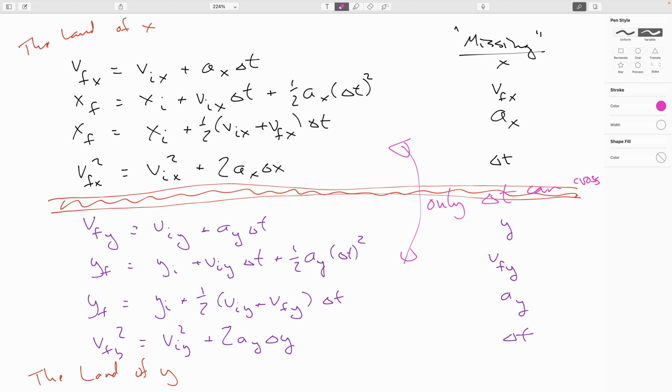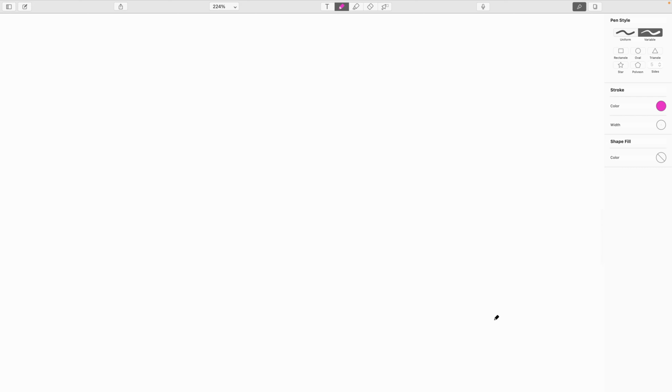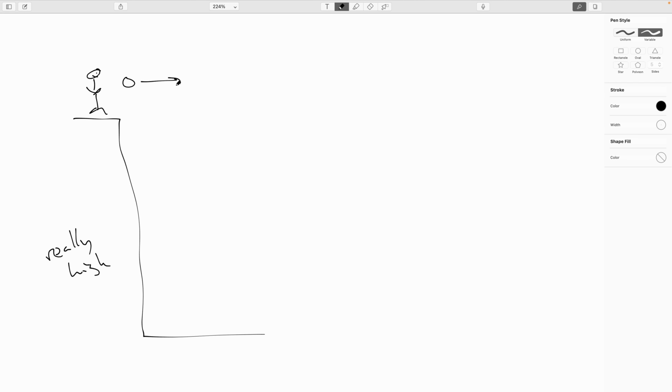So I think probably the best way to see this is just to go ahead and work a few examples of it. We'll start by throwing a ball off of a cliff. The cliff is really high, so that we don't have to worry about the ball actually hitting the ground. So here you are, and you go ahead and throw a ball, and let's say you throw the ball horizontally at 5 meters per second.